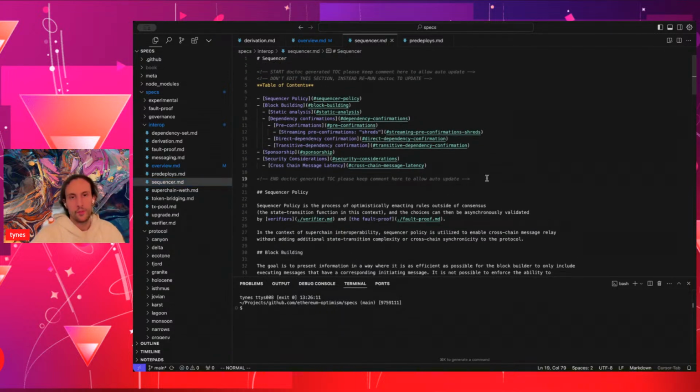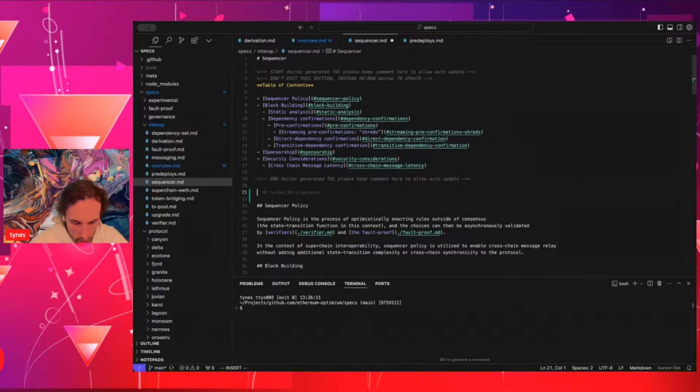Let's add an overview section. Overview. So, sequencer.